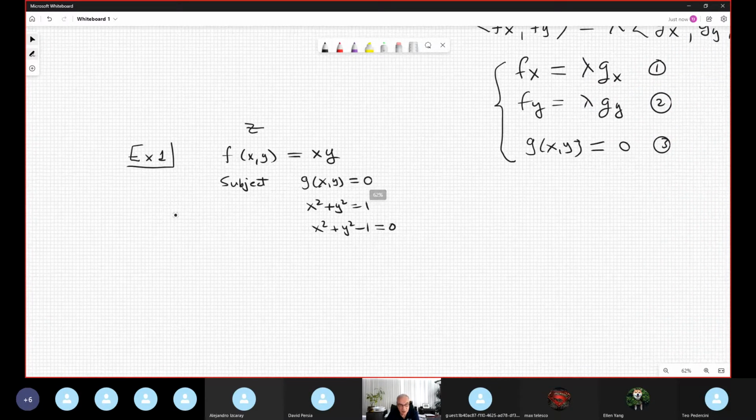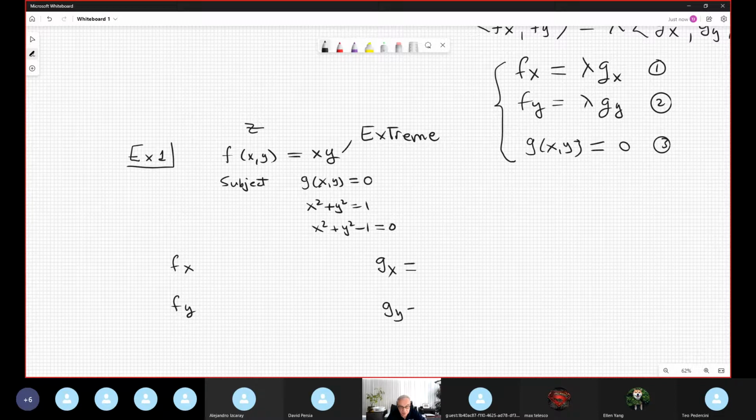So we need to maximize or minimize. So find the maximum or extreme value of that function subject to this constraint. Okay. You find the partial derivative with respect to x and the partial derivative with respect to y, to get the components of the gradient of the original function, and the gradient of the constraint.